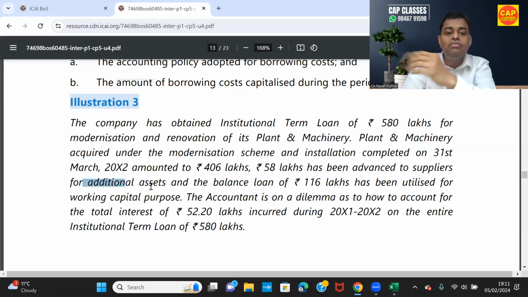It is not for that qualifying asset. When you have given advance to a supplier, how can that be a qualifying asset? If you are giving that money to a supplier for the same modernization scheme, then you can say this 406 plus this advance given to suppliers also. These are other assets.